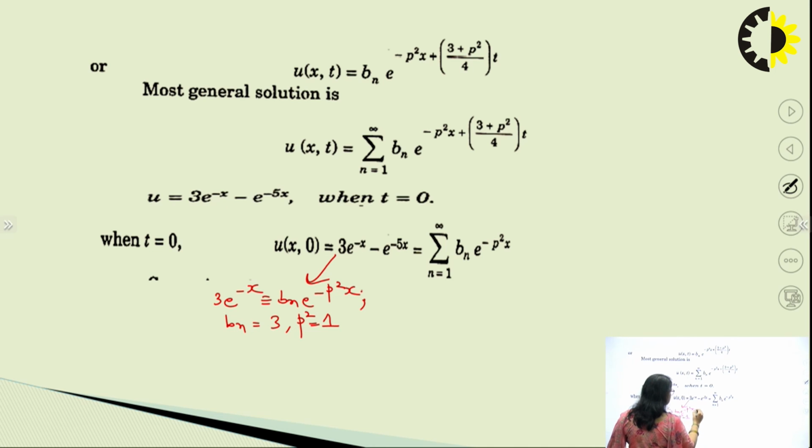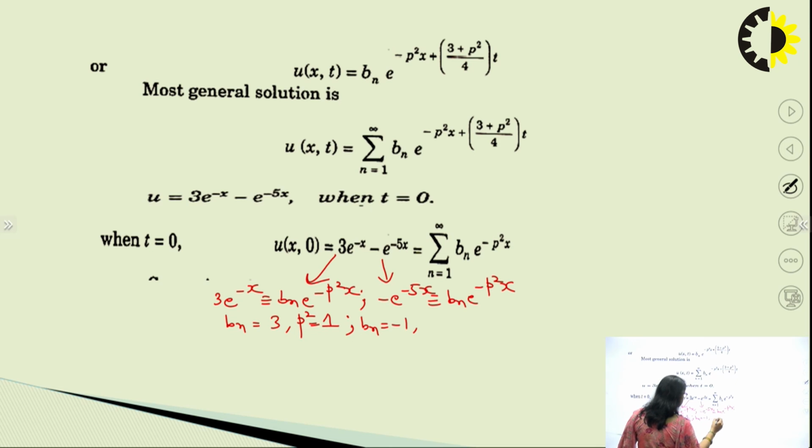And in the other case, minus e to the power minus 5x, if I compare this as equivalent to bn e to the power minus p square x, I'll be getting on comparison bn as minus 1 and p square as 5.